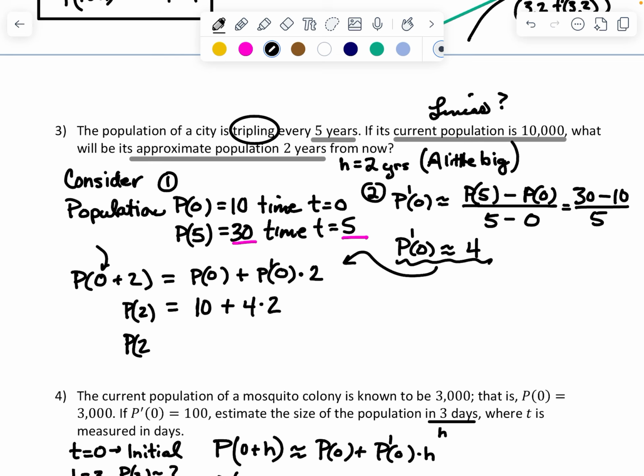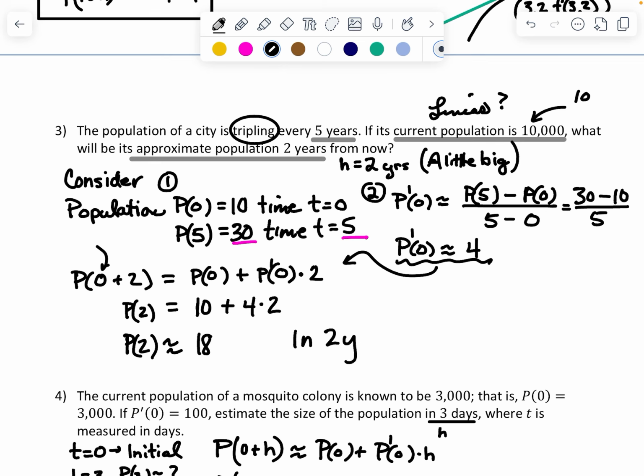So p of 2 is approximately 18. So what is 18? It means 18,000, right? Because 10 was 10,000 at time t equals 0. So the current population, in 2 years, the population would be 18,000.